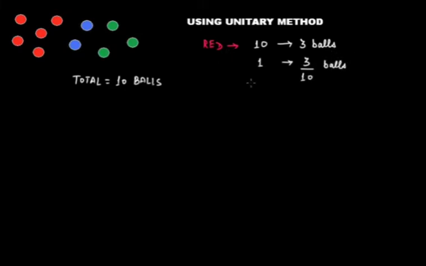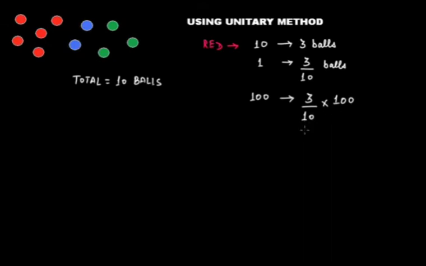Then we'll calculate for 100, because we want to know how many red balls there will be if the total number of balls is 100. So out of 10 it was 5, out of 1 it will be 5 by 10. So out of 100 it will be 5 over 10 times 100, right?